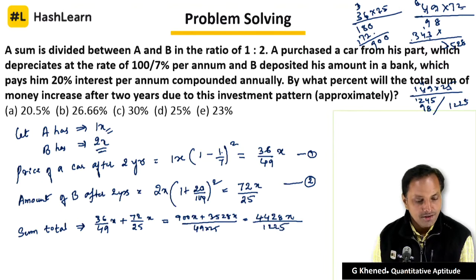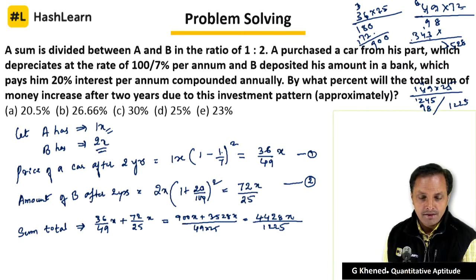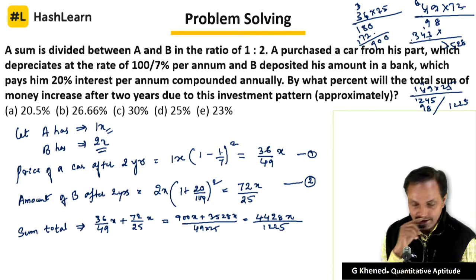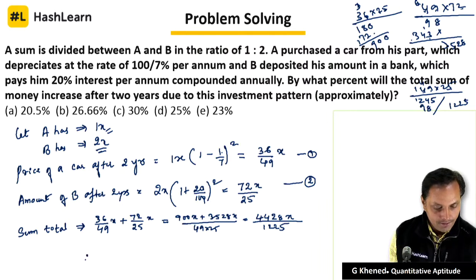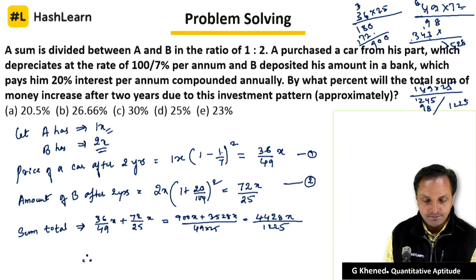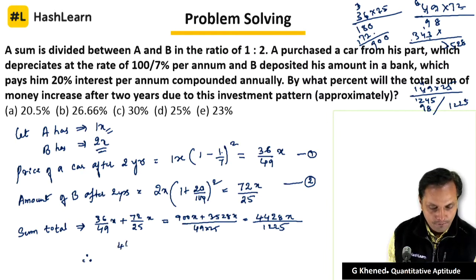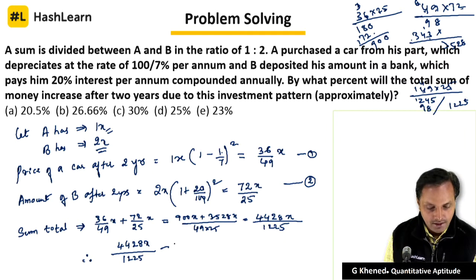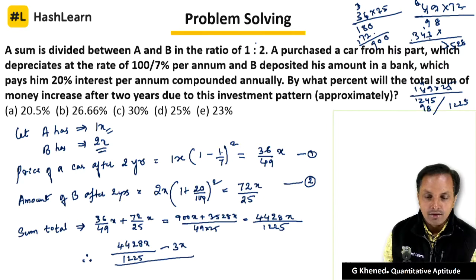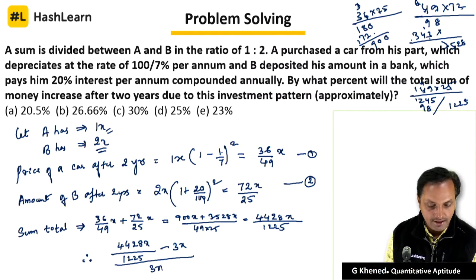So here the question is, by what percent will the total sum of the money increase after 2 years due to investment? So therefore what you need to do, 4 4 2 8 x divided by 1 2 2 5 minus, see the total investment was 3x, 1x is for A, 2x is for B, divided by 3x.